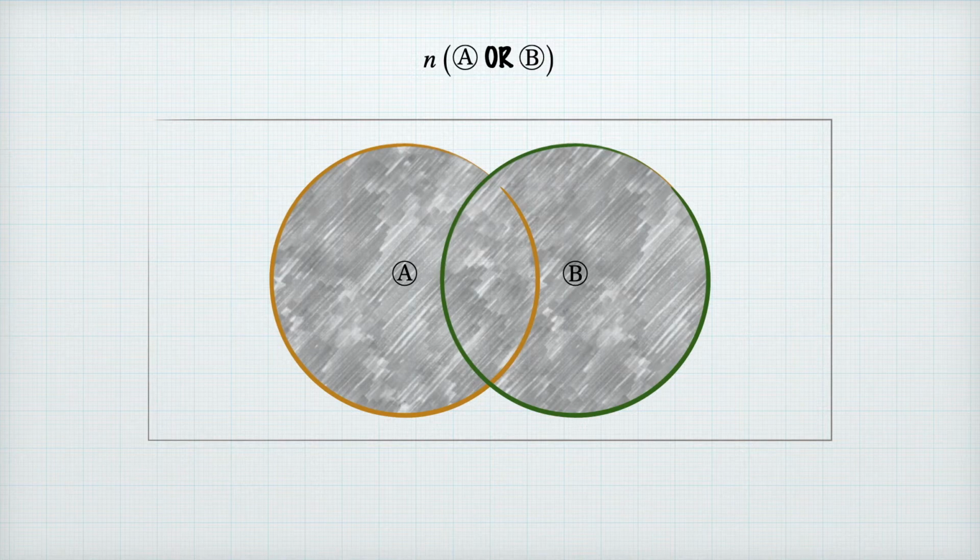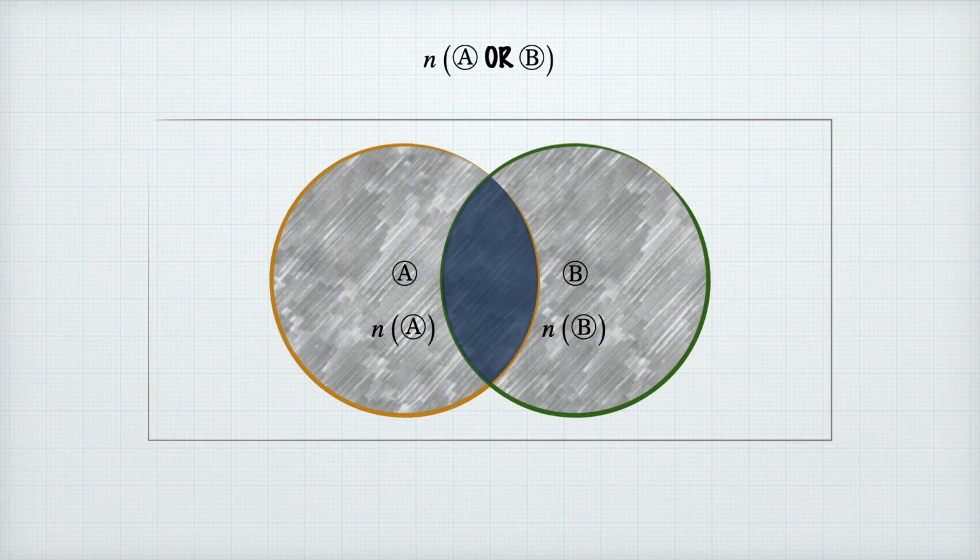And the reason for that is, if you take n of A and n of B, that's not all that's present in this picture. There's also a tiny little region in the middle that is n of A and B. And if you just take n of A and n of B and add them together, you're adding this region n of A and B two times. So n of A plus n of B is going to contain the region n of A and B two times.